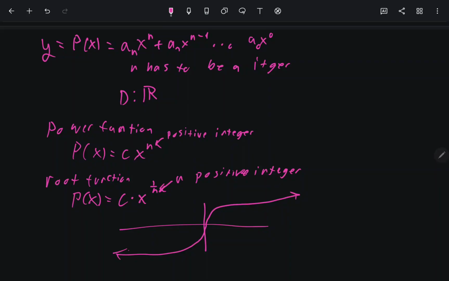But as a general rule, if n is odd, the domain is all real numbers. If n is even, the domain is going to be x greater than 0.